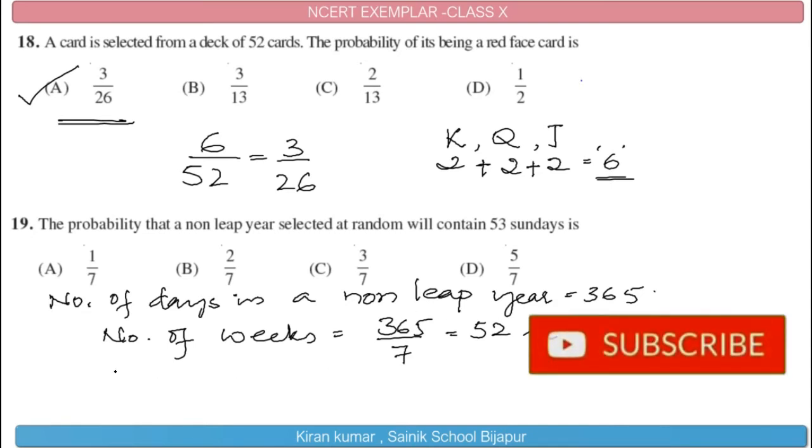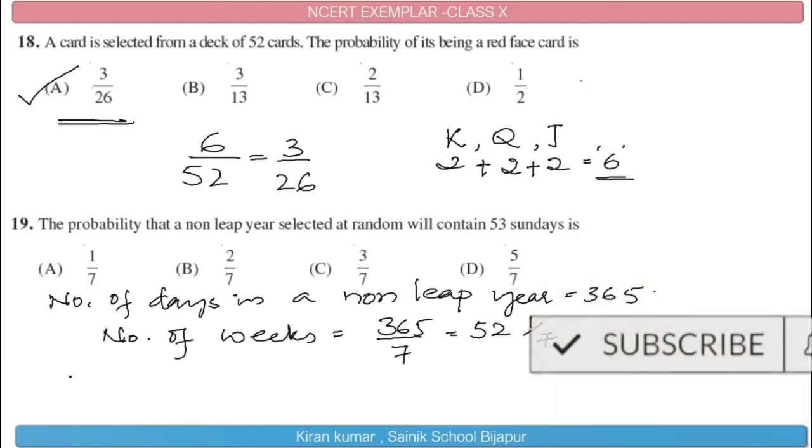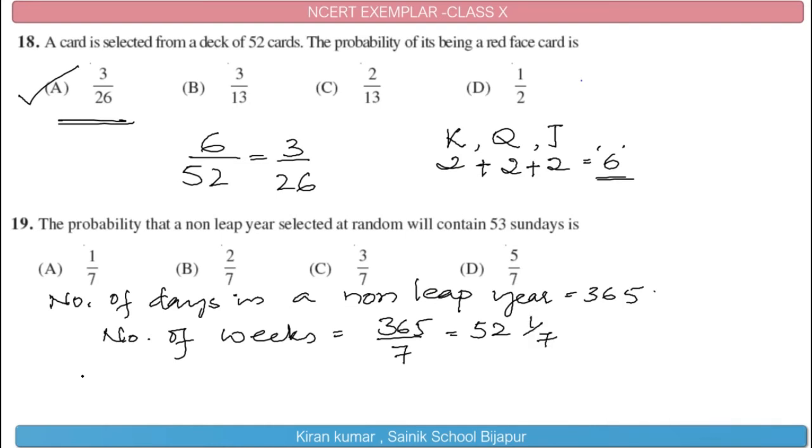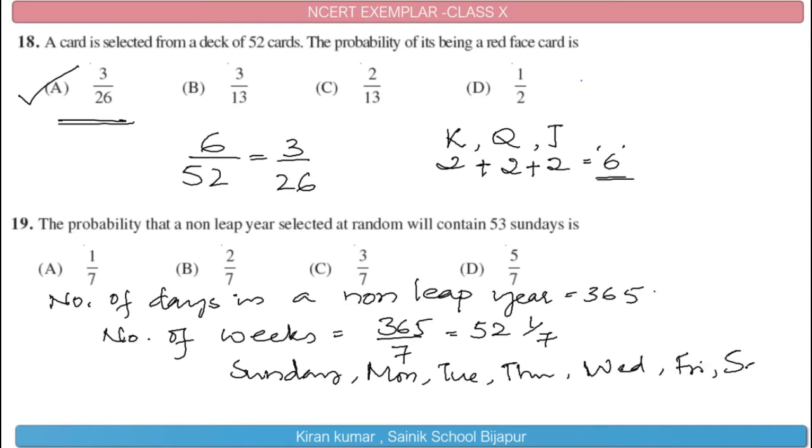So one day out of these 7 days is to be considered. In that, how many Sundays are there? That particular day can be Sunday, Monday, Tuesday, Wednesday, Thursday, Friday, or Saturday.